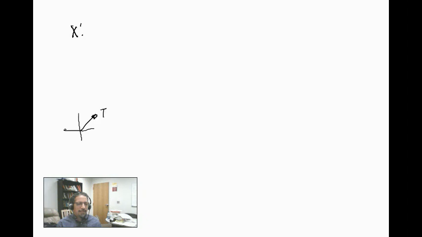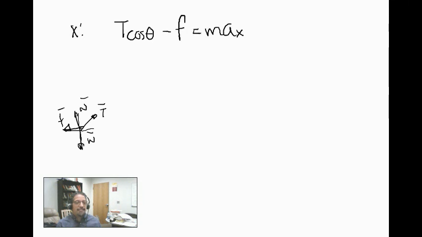So you have the tension, you have the F, the N, and the W. And in the x direction, we just have T and F. So just read from the previous table, and you'll see that you get Tx, which is T cosine theta, minus F. And this is equal to the mass times the acceleration in the x direction.